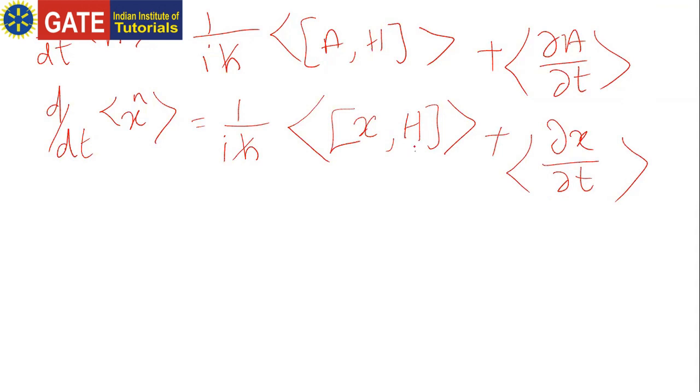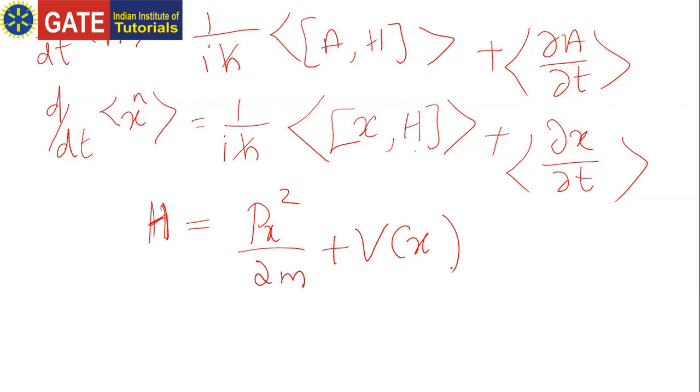What is this Hamiltonian value? Not H cap. The Hamiltonian H, the total energy, is equal to Px squared by 2m plus V of x. Instead of H, substitute this value and find the commutator relation.